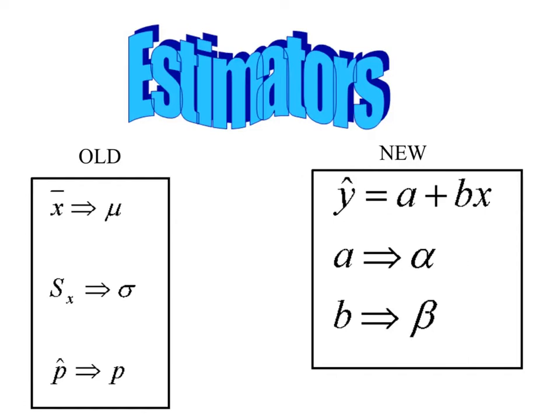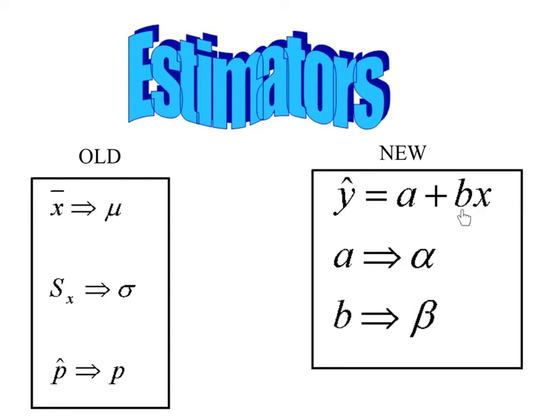Well, along with that, our old regression equations that we learned about a while back, our y-hats, these are really estimators as well. A is our estimator of alpha, the real response quantity when the explanatory is 0, right? The y-intercept.